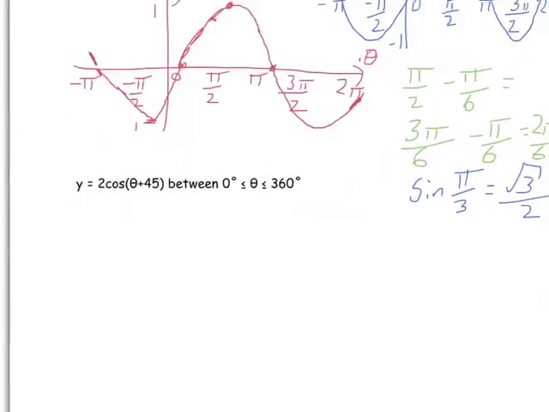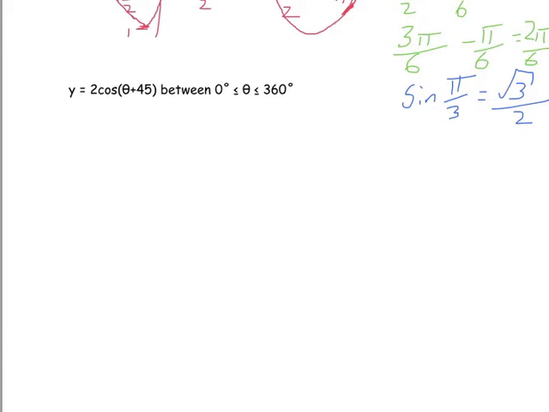And finally, y equals 2 cos in brackets theta plus 45 degrees between 0 and 360. So if we just sketch the cosine graph between 0 and 360, we know by now that it takes the following shape, hopefully.